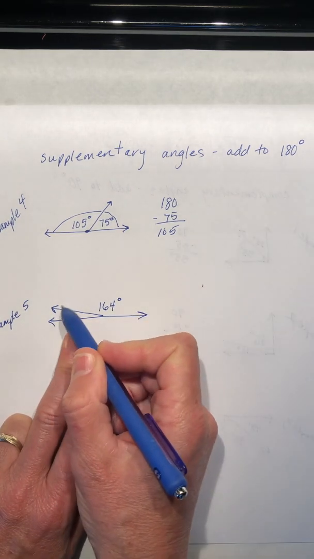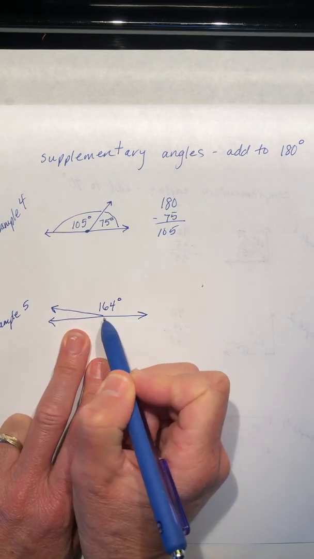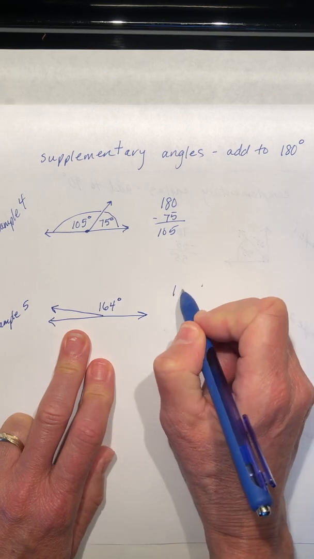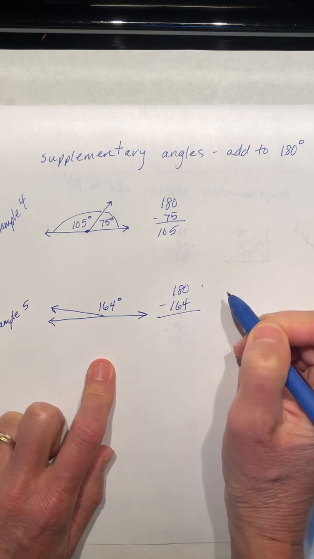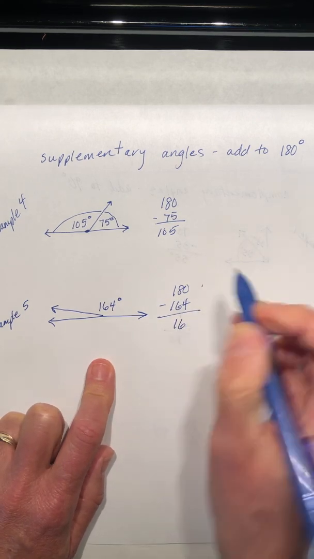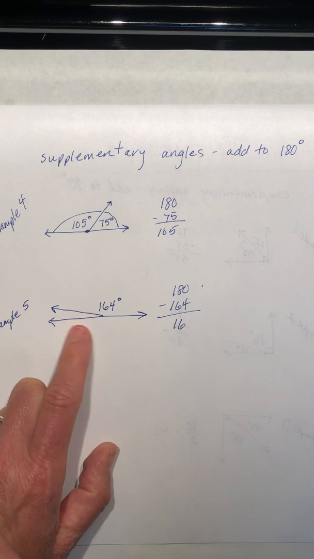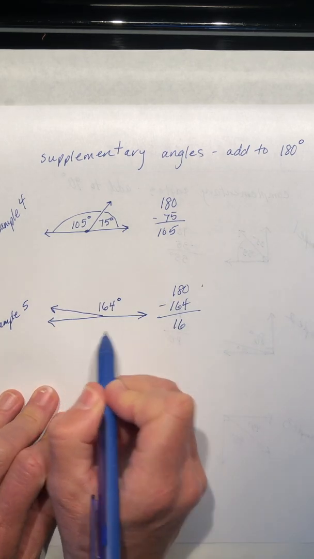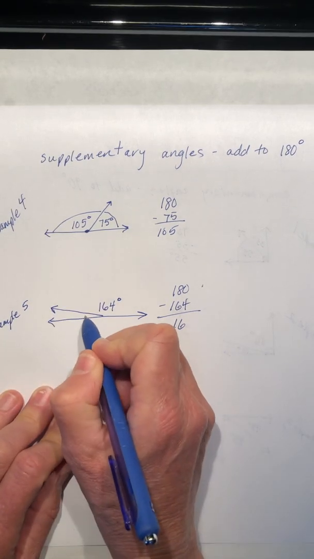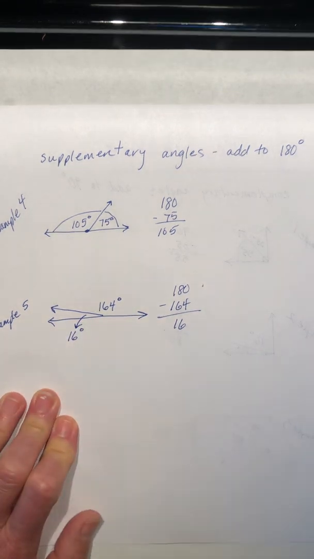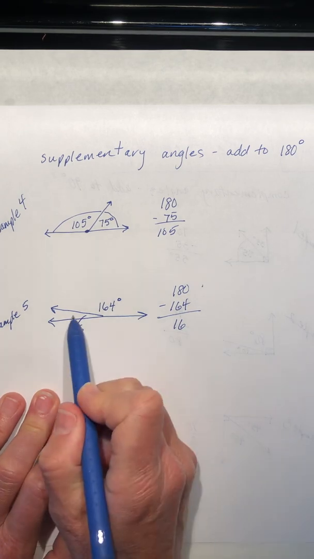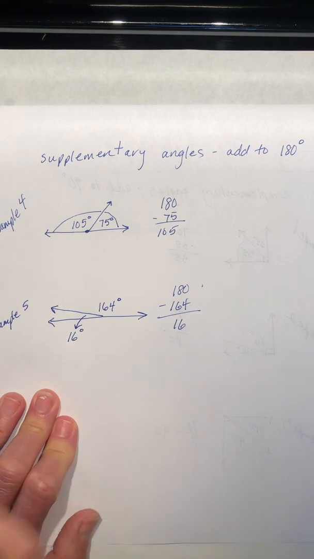We know that the total is 180. We know that that part is 164. So we're taking the 180, we're subtracting 164, and we learn that that angle measurement is 16 degrees. If you can't fit the number in here, you can always do this. Supplementary angles. It is two angles that add up to 180 degrees.